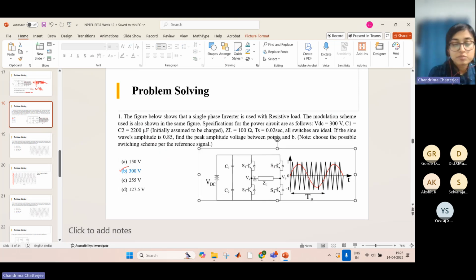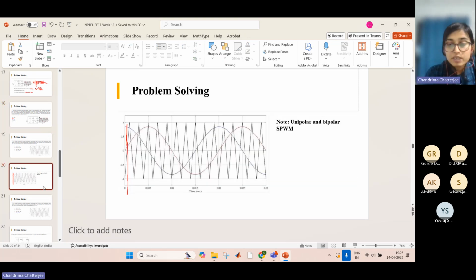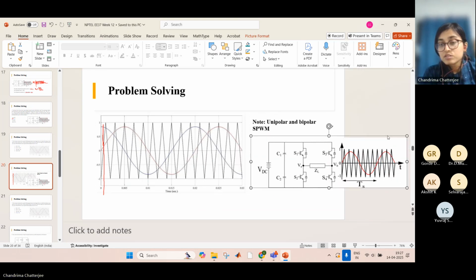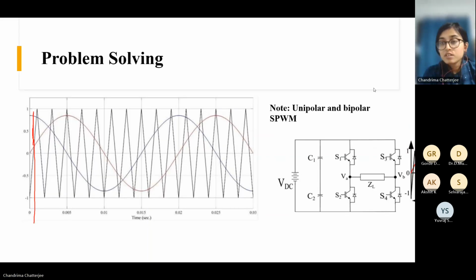I will just copy this one. But here this one is not applicable. So just this picture I will show. This circuit.